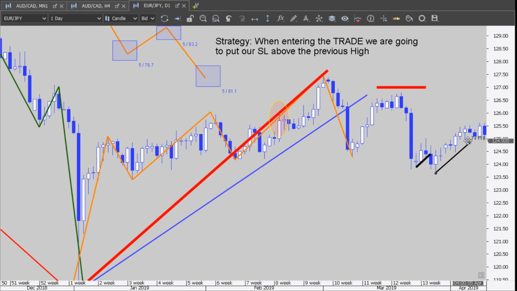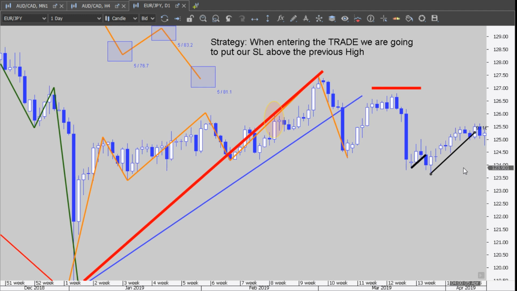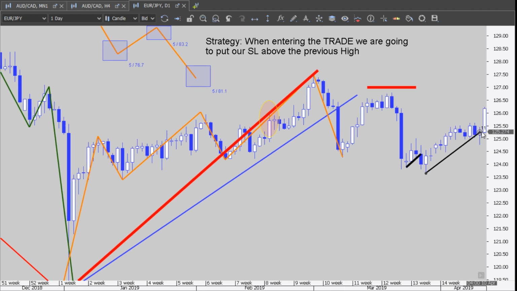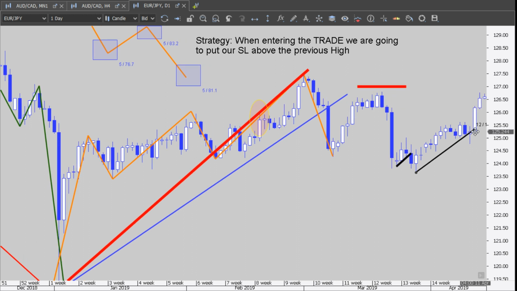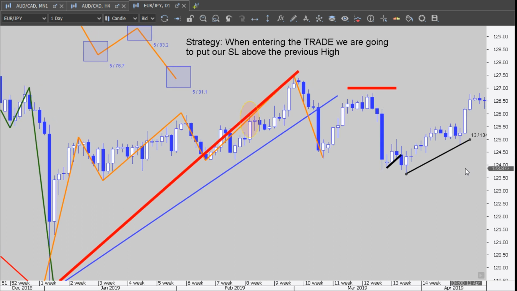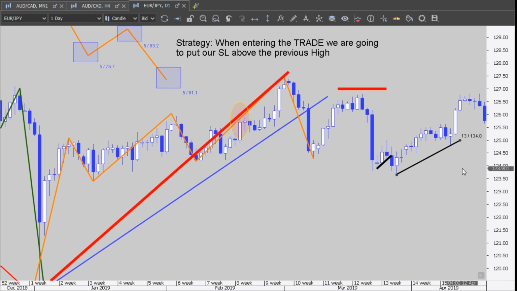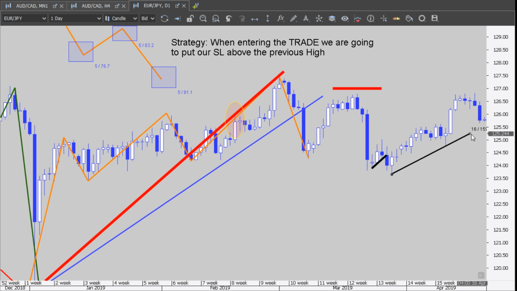Okay, I need to see a counter trend line break, so the candle must break the trend line, so not in here. Okay, maybe in here. Didn't break. Okay, still in here. This is the second counter trend line. I'm in a trade. Okay, almost hit my stop loss.